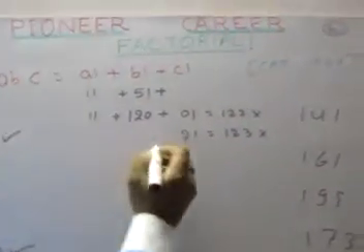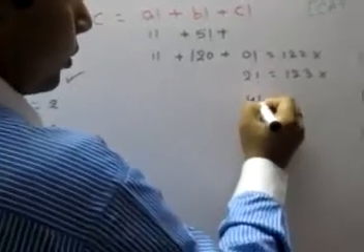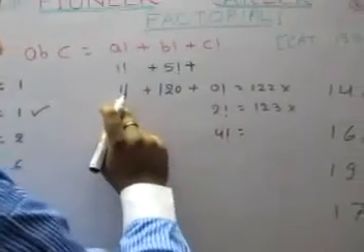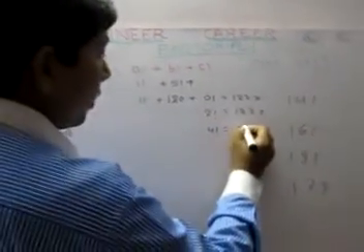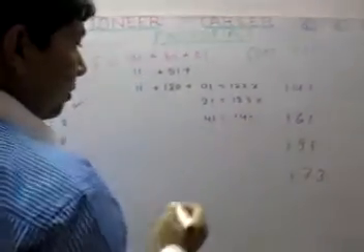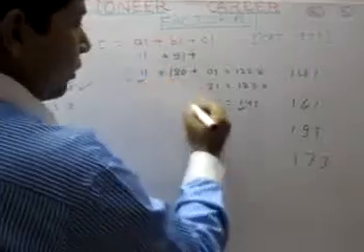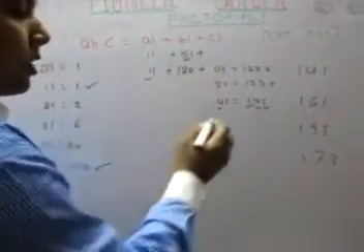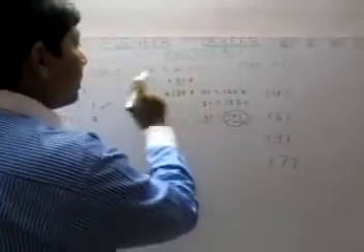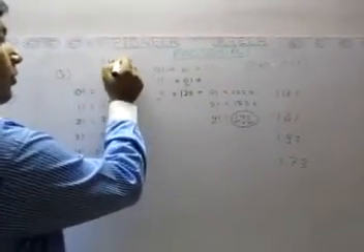Let us assume one of them is equal to 4. Then 1 factorial plus 120 plus 4 factorial, that is 24, is equal to 145. This is the correct option because 1 is here, 1 is here, 4 is here, 4 is here, 5 is here, 5 is here. Hence 145 is the only number that satisfies this condition.